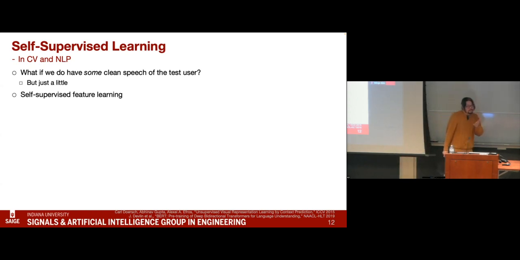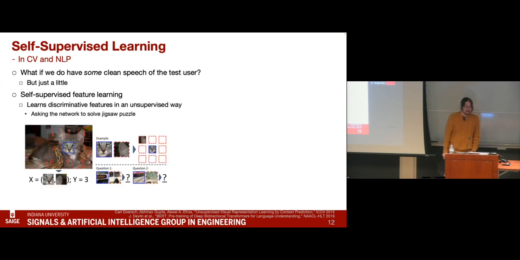So self-supervised feature learning can come into play to maximize the utility of the noisy speech signal of that particular user, as in computer vision algorithms, such as this case. This particular algorithm assumes that there's a center patch over here, and there are different parts of the image, and the network has to figure out, given these two pairs, that this is the left ear of the cat.